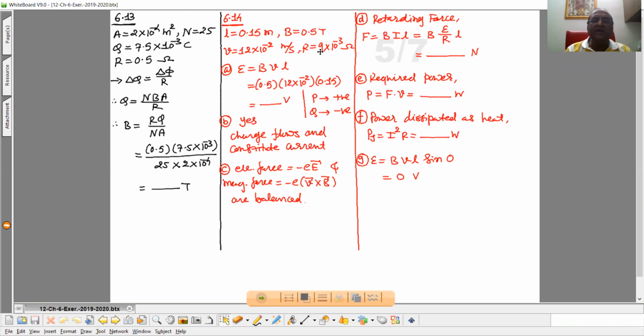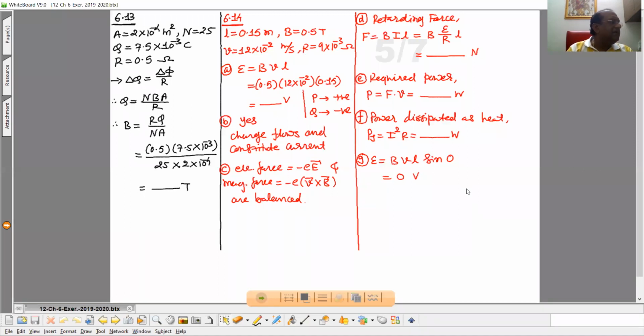E we calculated, R is given to you. Substitute, you will get the answer. And what is the source of this power? The source of this power is the external agency which provides the mechanical power. That mechanical power is converted into electrical power, and that electrical power is dissipated in the form of heat.